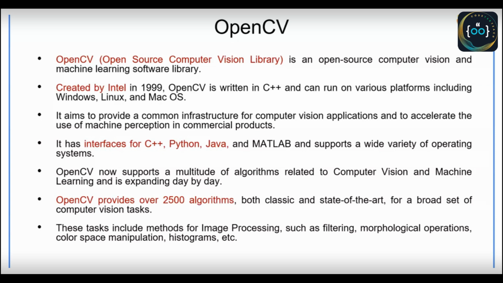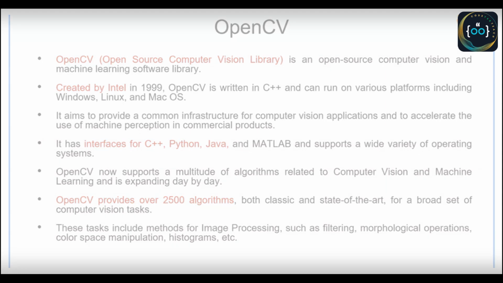These include both traditional tools and the very latest ones for a wide range of computer vision tasks. With OpenCV, you can do a lot of things with images. You can filter them to enhance certain features, change their shapes, manipulate their colors, create histograms for analysis, and many more. We are going to be doing all of this and more in the rest of the program.